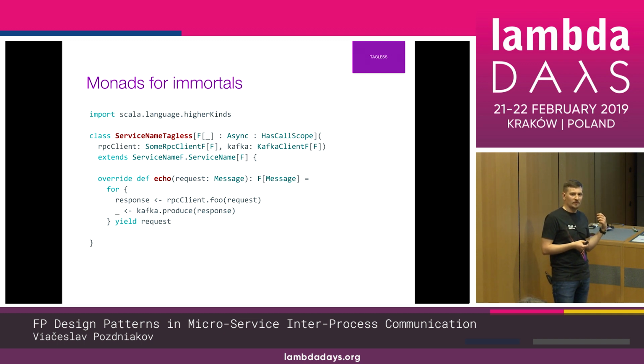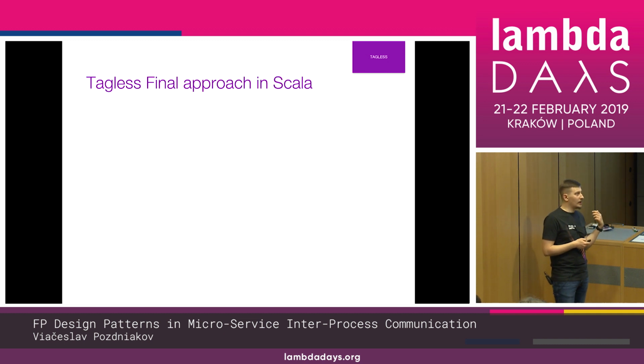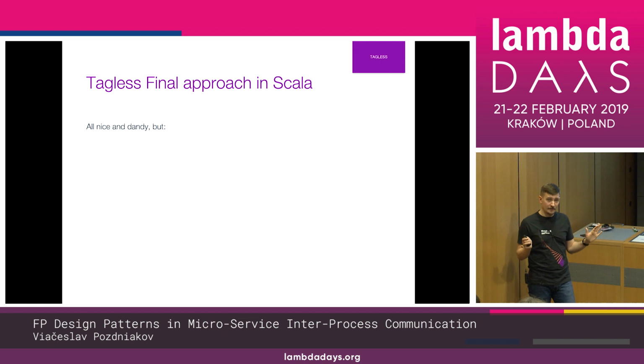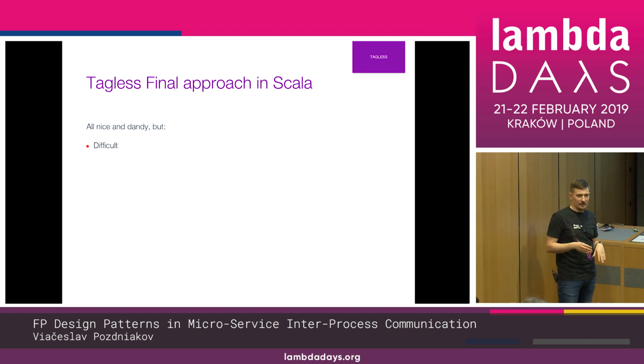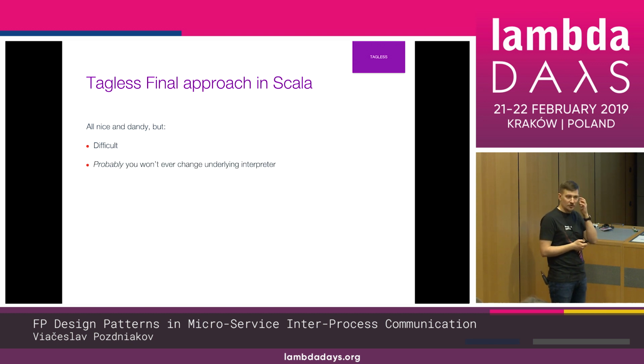Even though I see that a lot of people are struggling with this approach, because everything looks really nice and dandy, but let's be honest, it's quite difficult, especially if you want to debug this code. And sometimes you have to debug this code, and it's really difficult.